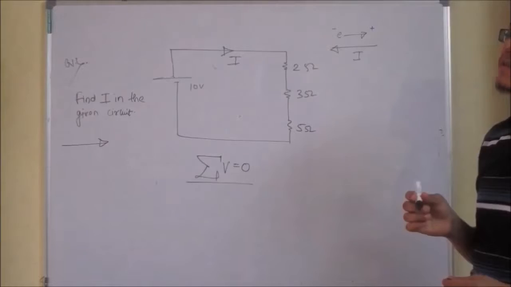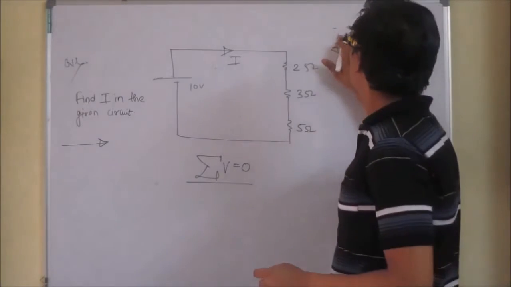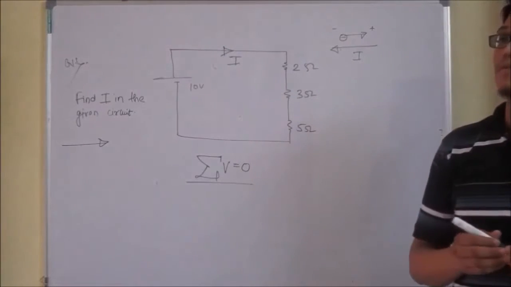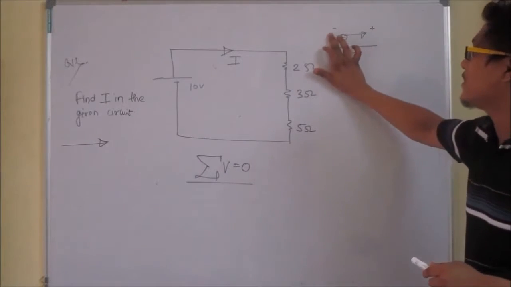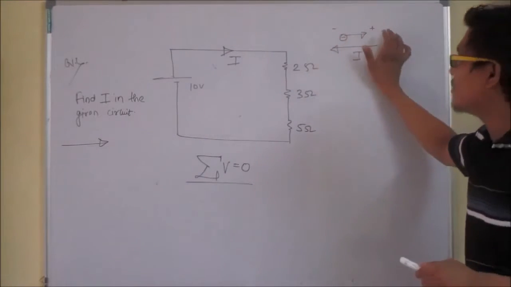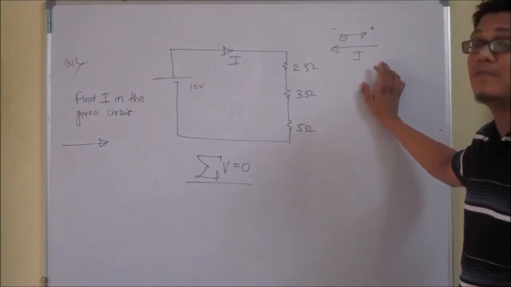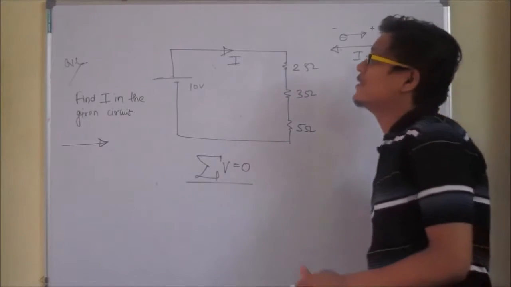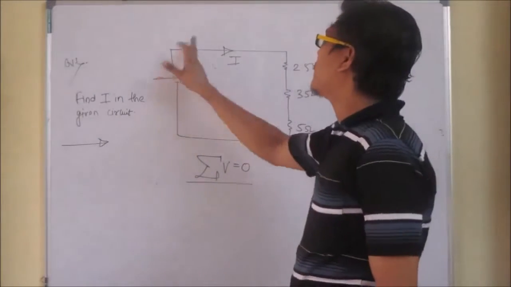Electrons flow from the negative electrode to the positive electrode, and current flows from the positive electrode to the negative electrode. Always. Now, from positive, my current is flowing.